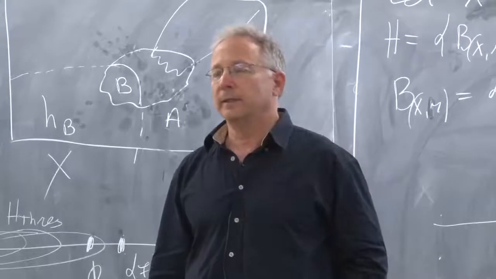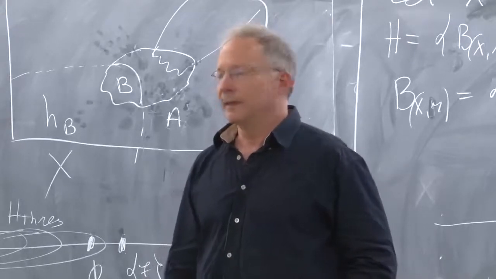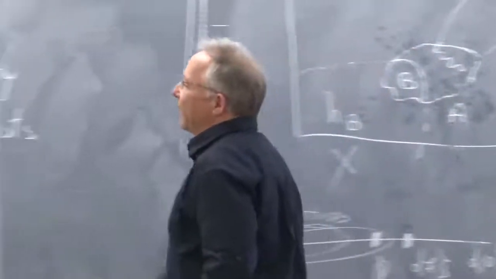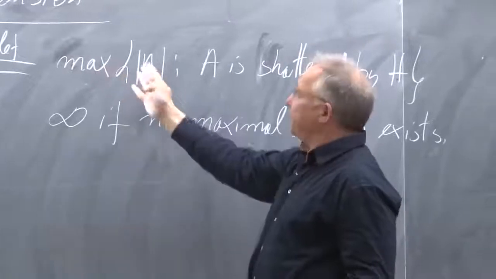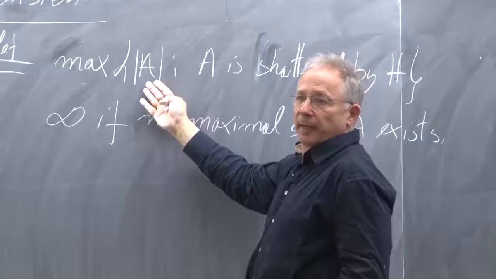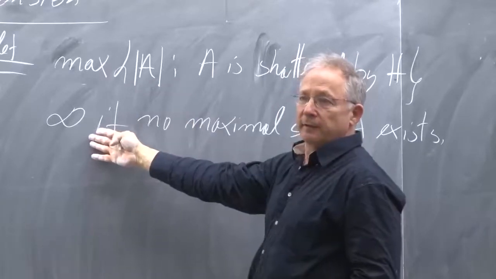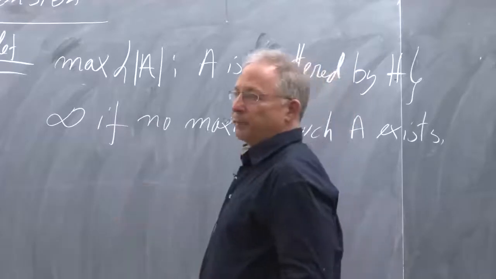If there is a maximum size of a shattered set, that will be the VC dimension. If there are shattered sets of arbitrarily large size, there is no maximum, it will be infinity, the VC dimension. So let's go back to our examples.